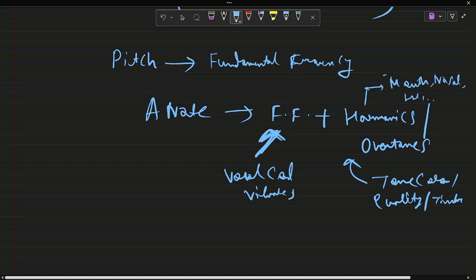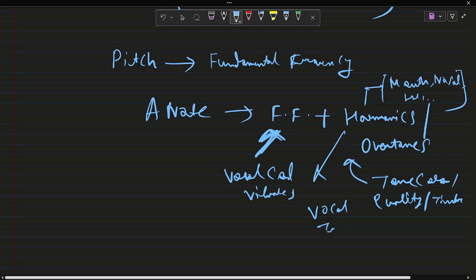Due to these cavities in an instrument or in the vocal tract, some frequency regions get boosted. The vocal tract is basically the collective term: the cavities inside the mouth and inside the throat are collectively known as the vocal tract.